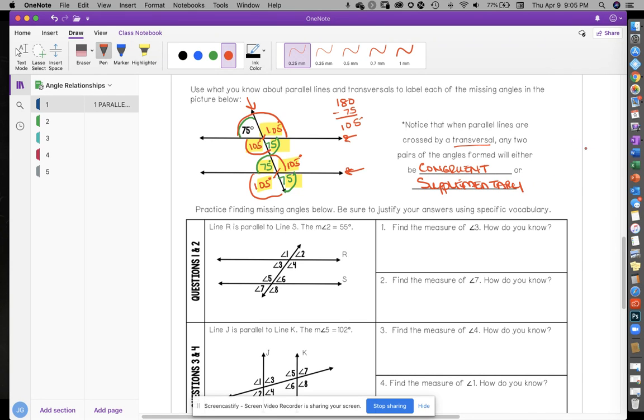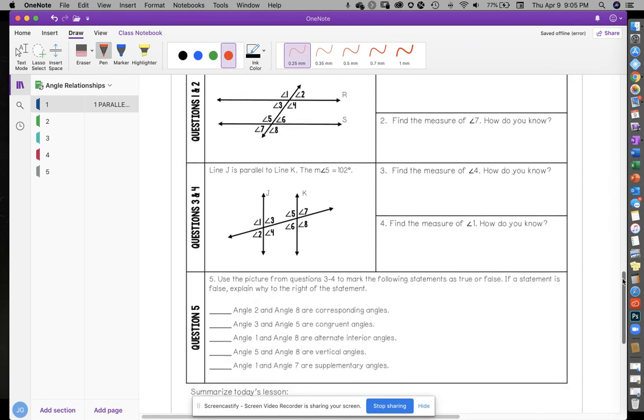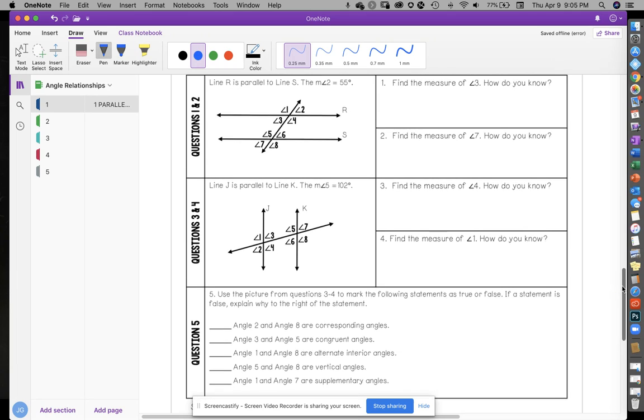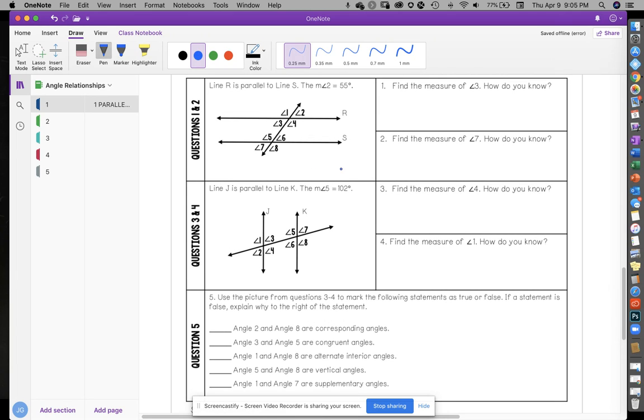All right, so let's try question 1. Question 1 says, find the measure of angle 3. So I need to find this measure right here. How do you know what it's going to be? Well, first off, they're telling me right here that the measure of angle 2 is 55.